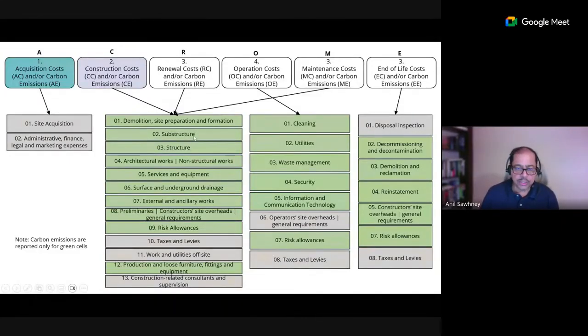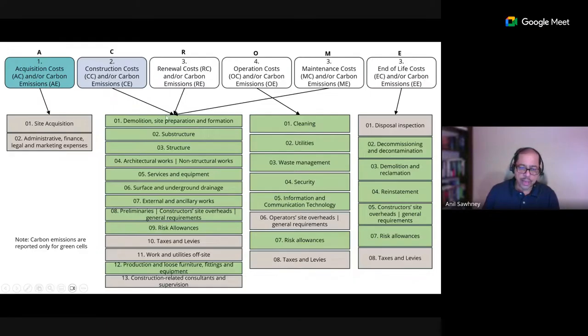They use a single hierarchical breakdown. So these are your categories, A-Chrome. The groups that are used underneath construction costs and carbon emissions actually are shared between renewal costs and carbon emissions and maintenance costs and carbon emissions.